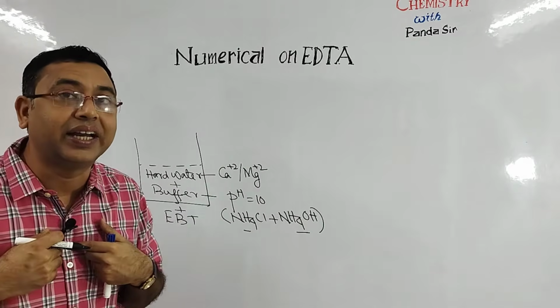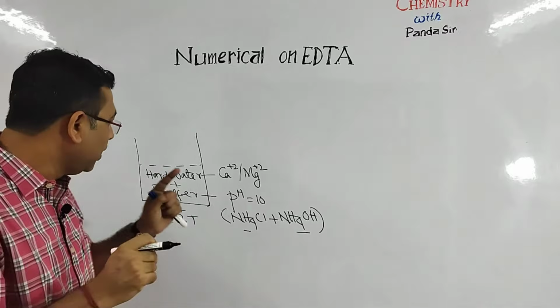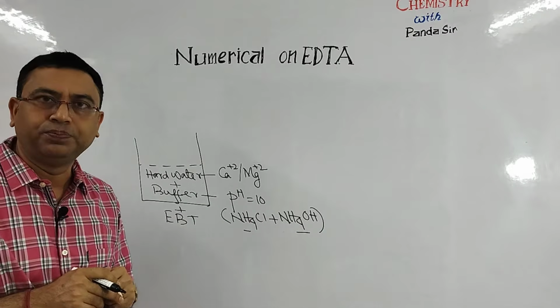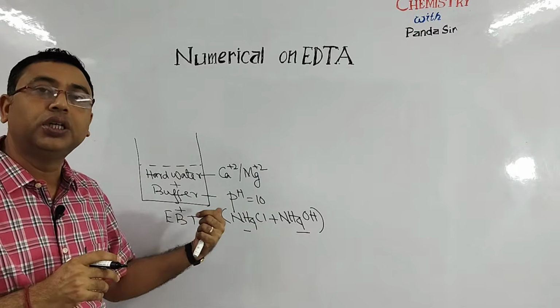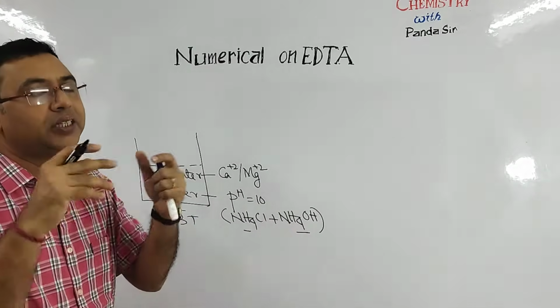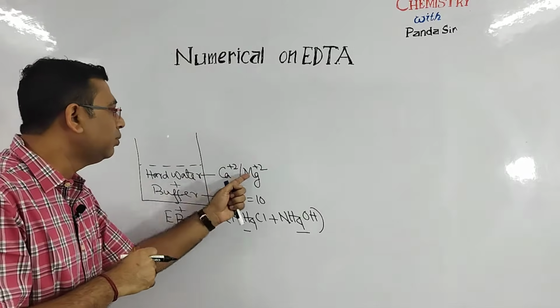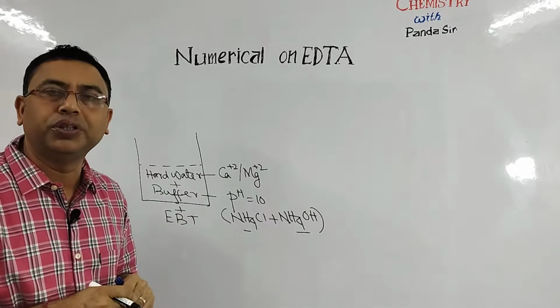That is our desire, and that is only possible if we maintain pH 10. So the conclusion is that we add the buffer solution to maintain pH 10, because at pH 10 only the calcium and magnesium will react with the EBT.